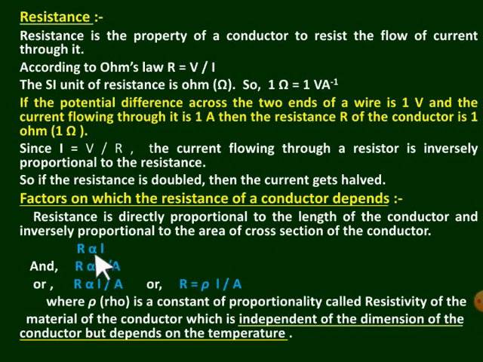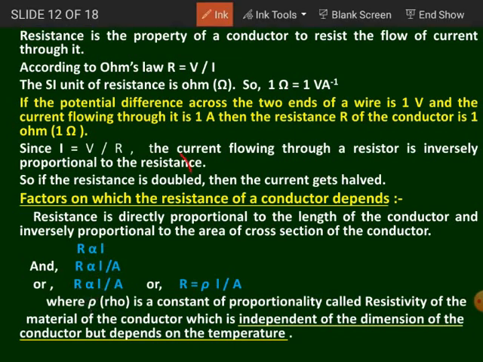So resistance is directly proportional to the length L, and inversely proportional to the cross-sectional area A. Combining these two, R is directly proportional to L by A, right? If you want to change this proportionality into equality, then your constant of proportionality comes up.